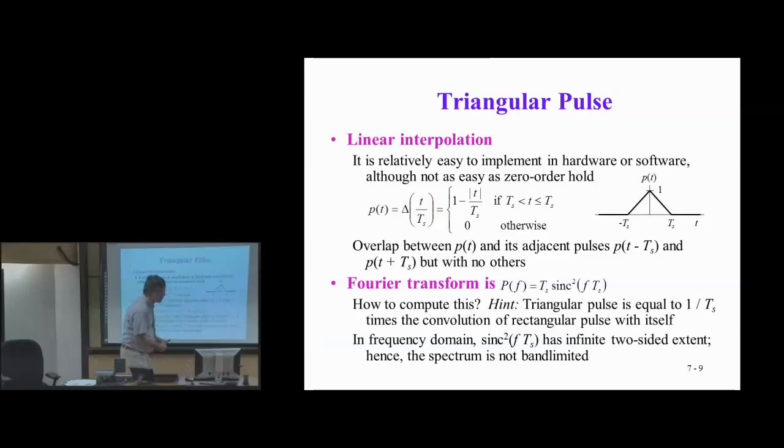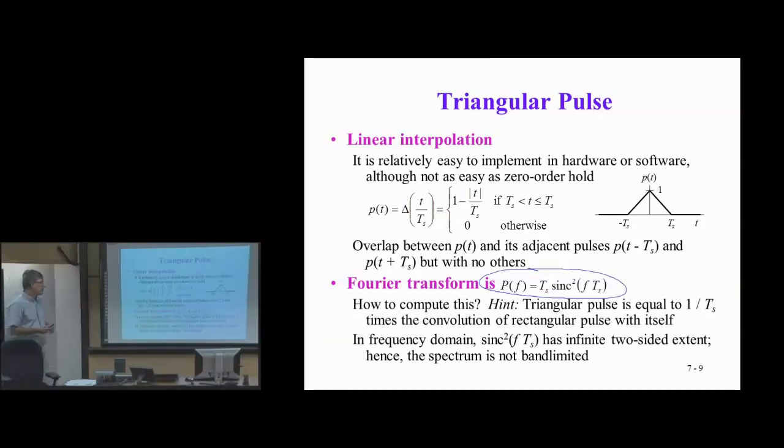For the triangular pulse, in the time domain it's a triangle, and in the Fourier domain it's the sinc squared. So it's still a low pass.